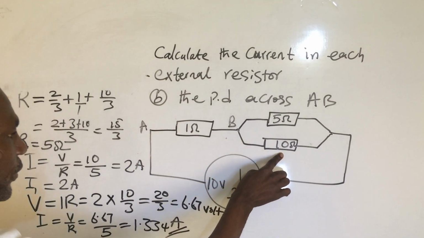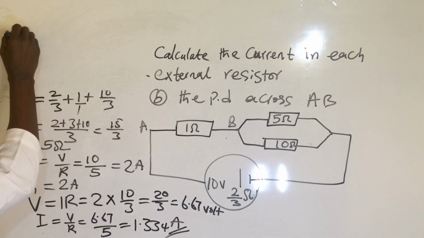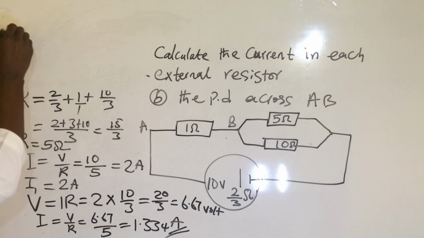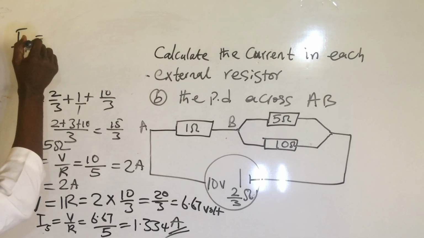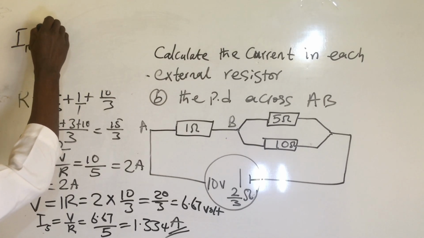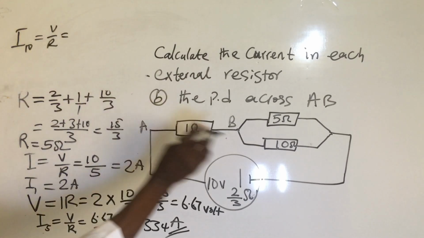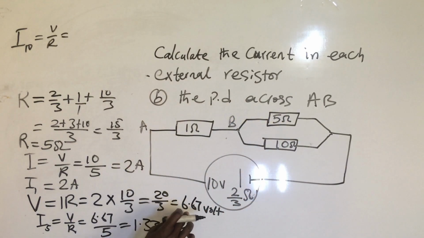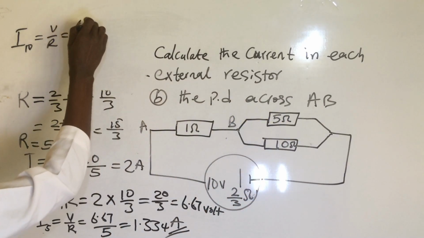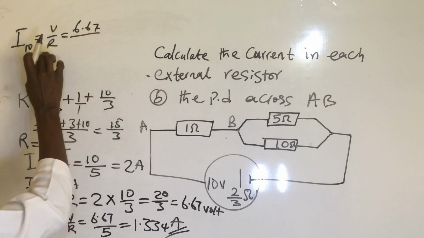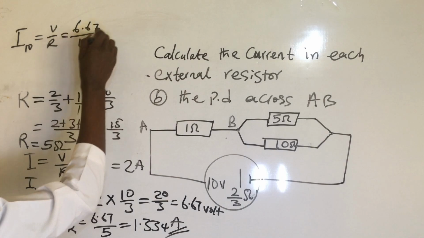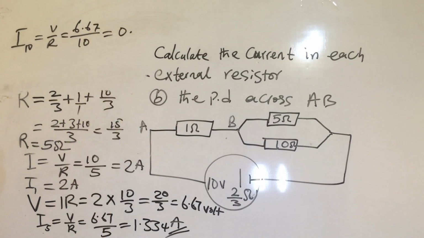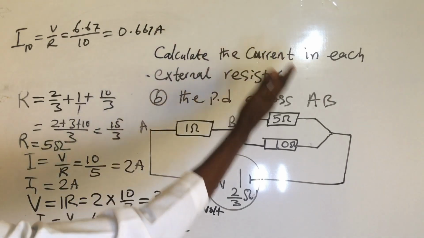Then what of the current across here, the 10 ohm? The current will be V over R, where V across here is 6.67, all over R. Our R should be 10 now because the one we are checking is 10. When we divide, it will be 0.667 ampere. So we have finished calculating it.